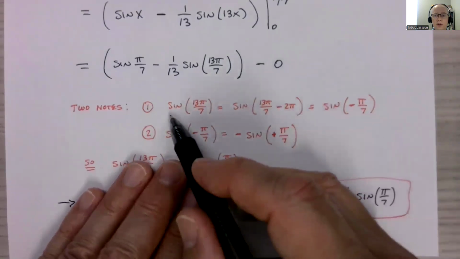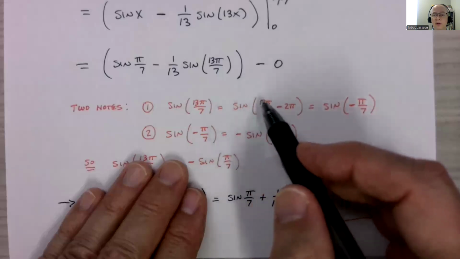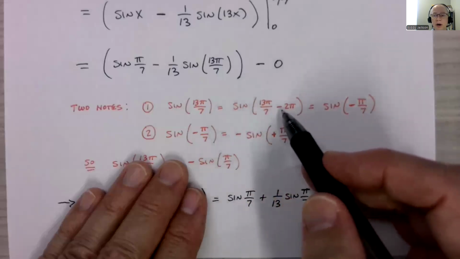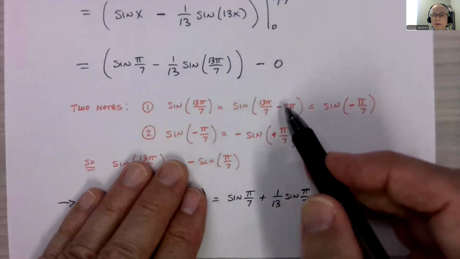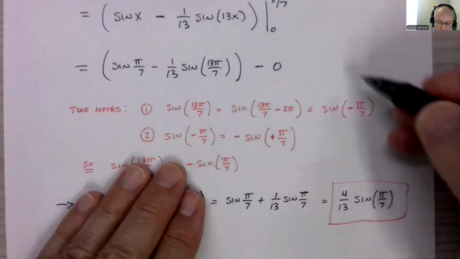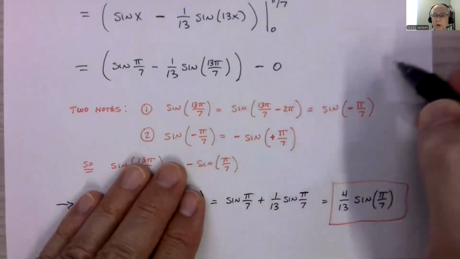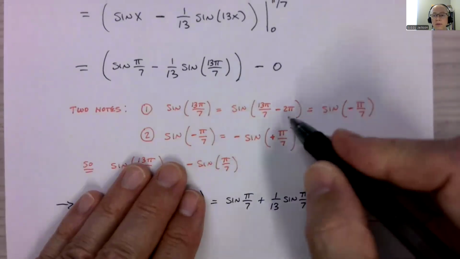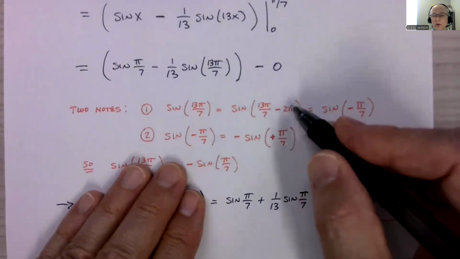Number 1, sine of 13 pi over 7. Well, that's the same as the sine of 13 pi over 7 plus or minus any multiple of 2 pi. Remember, that's the period of the sine function. If I add or subtract 2 pi to the input, I'm going to be right back where I was, right? So the sine function just continues going up and down between 1 and -1, and we go through one complete cycle in 2 pi, or about 6.28.